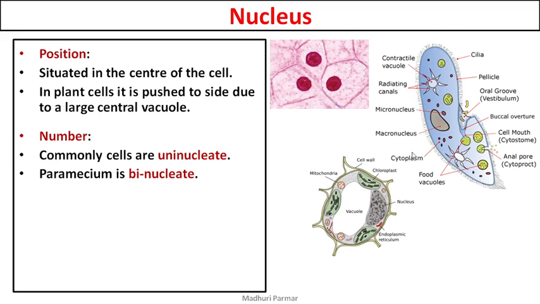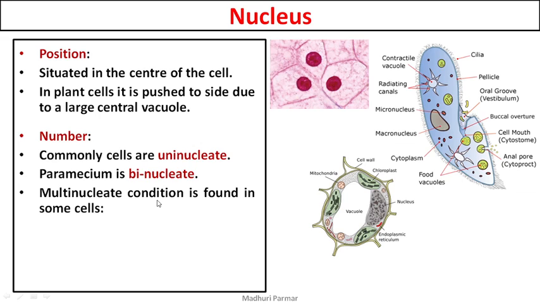Here, in this paramecium, you can find two types of nucleus. One is the macronucleus. Macro means larger in size. And then you have a smaller nucleus called the micronucleus. The functions of the two nuclei are different. The micronucleus is used for passing genetic inheritable properties to the daughter cells, while the macronucleus has the function of controlling the cellular activities. That is how they are divided.